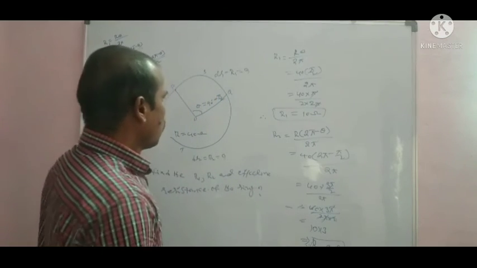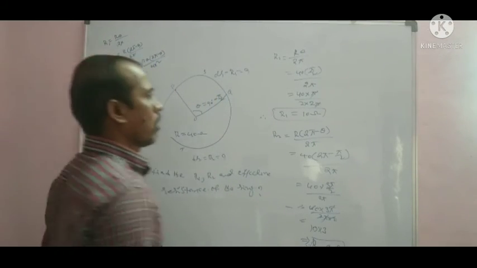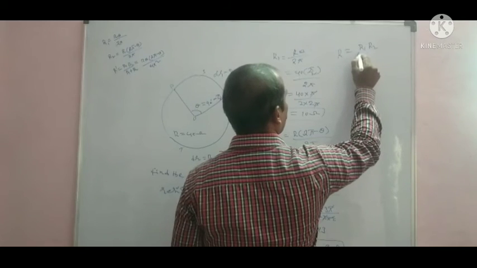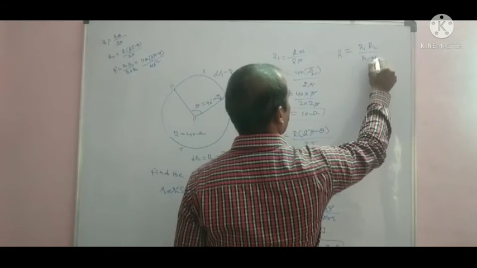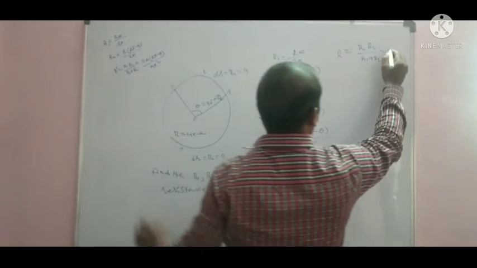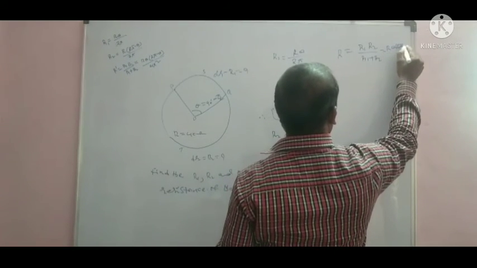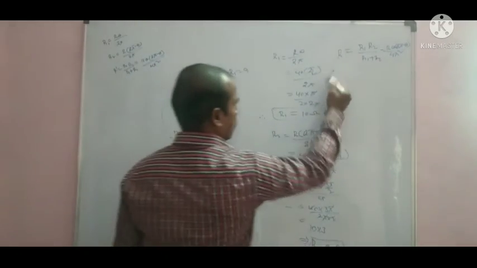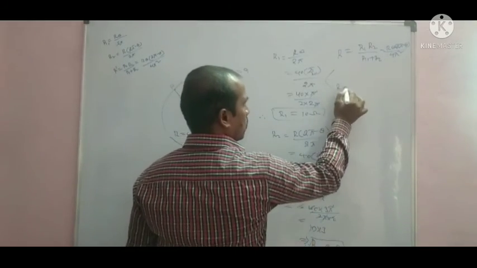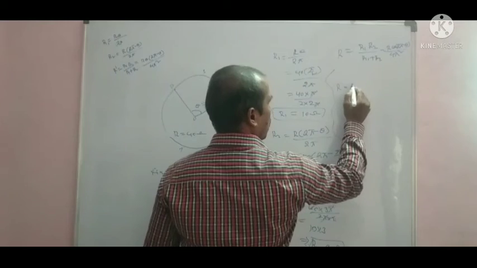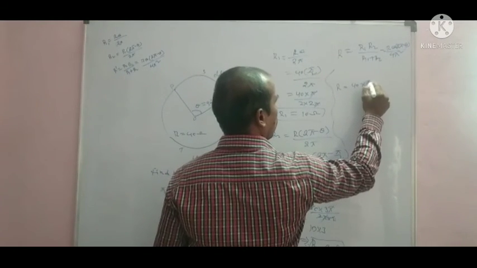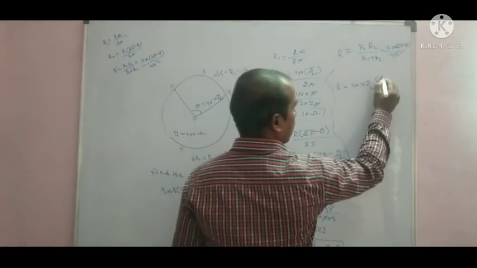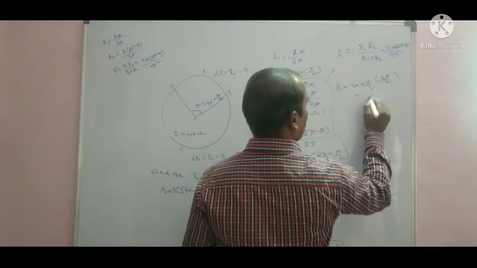Now, finally, the effective resistance of the given ring. R is equal to R1 R2 by R1 plus R2, which by the direct formula is r theta into 2 pi minus theta by 4 pi square. Substituting the values: effective resistance R is equal to 40 into pi by 2 into 3 pi by 2, by 4 pi square.